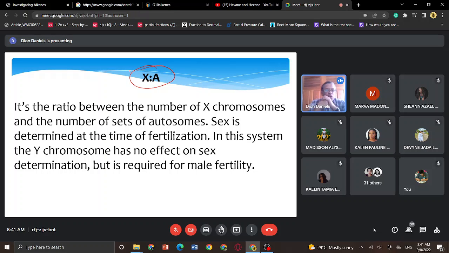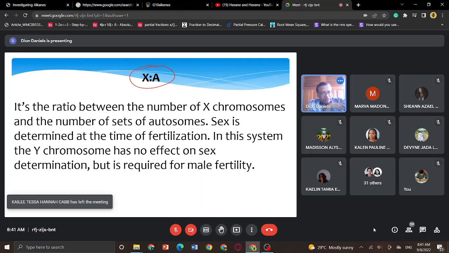So sex is determined at the time of fertilization. In this system, the Y chromosome has no effect on sex determination, but is required for male fertility. All right? So in this particular case, if you see a fruit fly and it has a Y chromosome, it does not necessarily mean that that fly is a male.